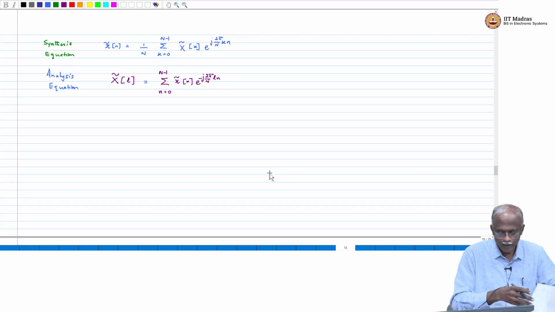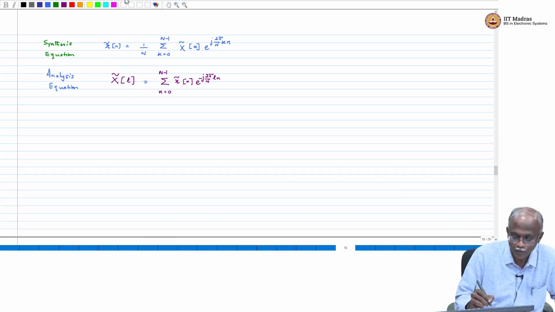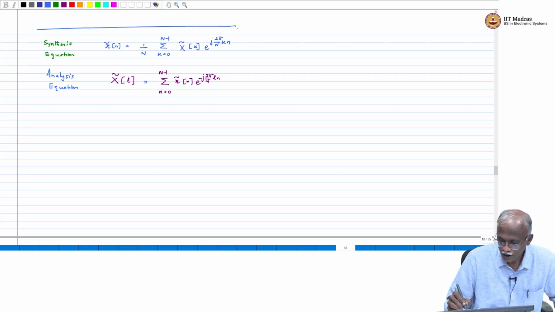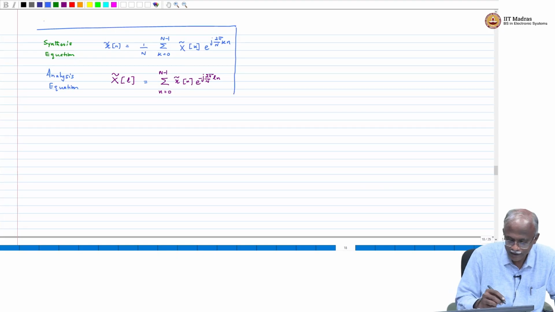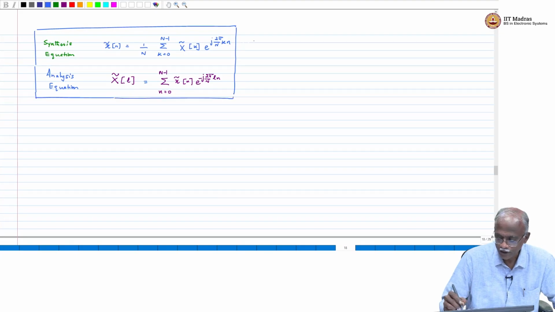Now this is basically the discrete Fourier series transform pair. The combination of these two is the discrete Fourier series analysis and synthesis equation, and it's a very powerful result. So this is the discrete Fourier series pair.